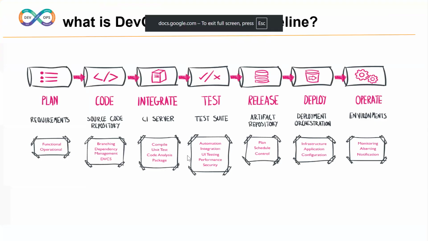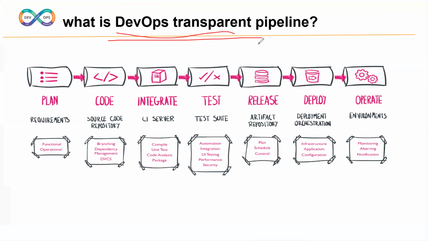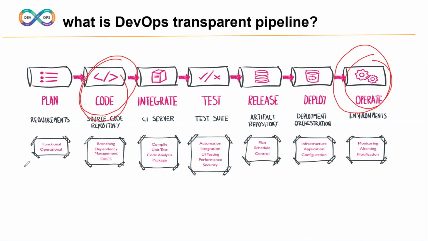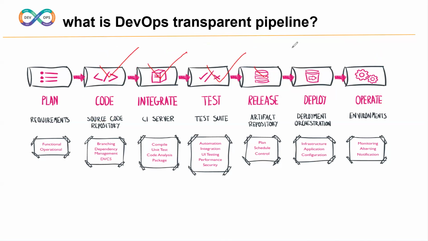DevOps is an automated process. DevOps is an automated transparent pipeline. As a DevOps engineer, our roles and responsibilities start from the dev environment and end with what? Operation. Means we are part of coding, integration, testing, release, deploy, operation.